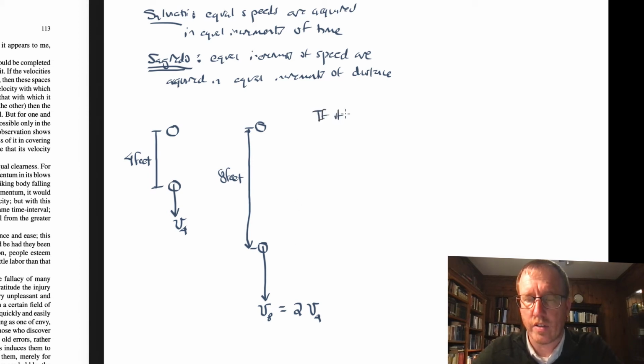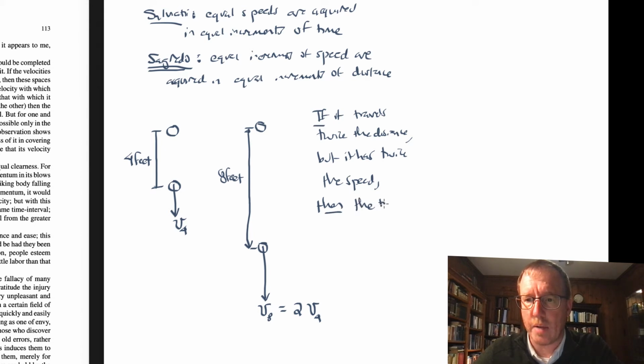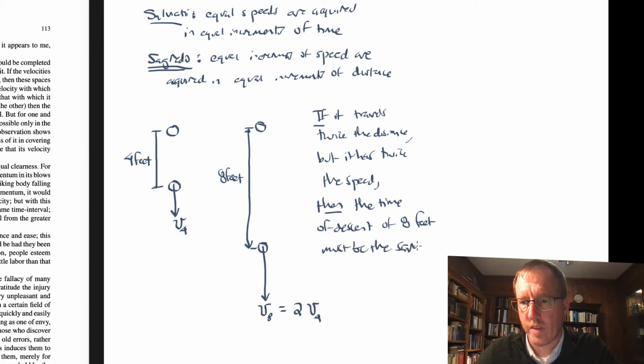So if it travels twice the distance, but, as he claims, it has twice the speed, then the time of descent of 8 feet must be the same as the time of descent of a ball falling 4 feet.